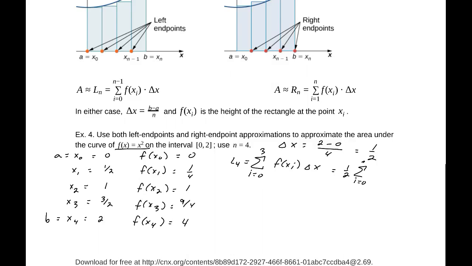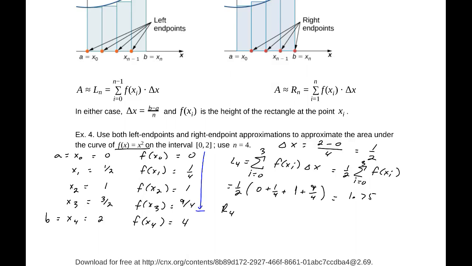So L4 is going to be equal to 1/2 times the sum of the function values from 0 to 3. The right hand, well, we'll worry about that when we get there. Let's sum those function values: 0 plus 1/4 plus 1 plus 9/4. And that should be 1.75. So the area coming from the left is 1.75.